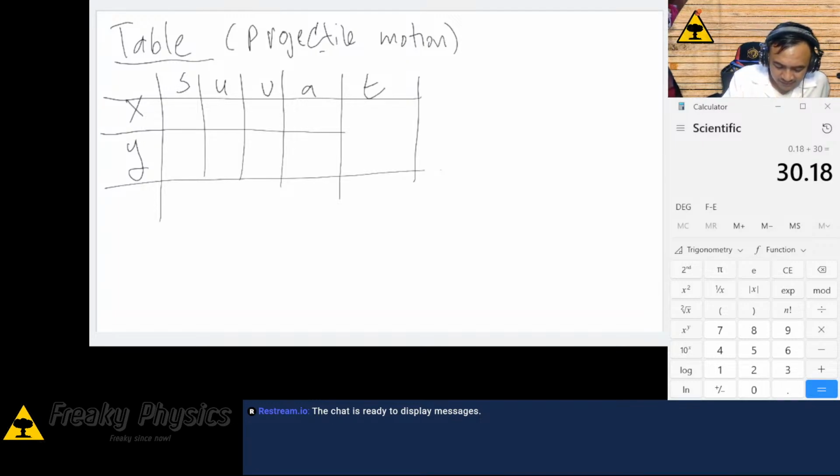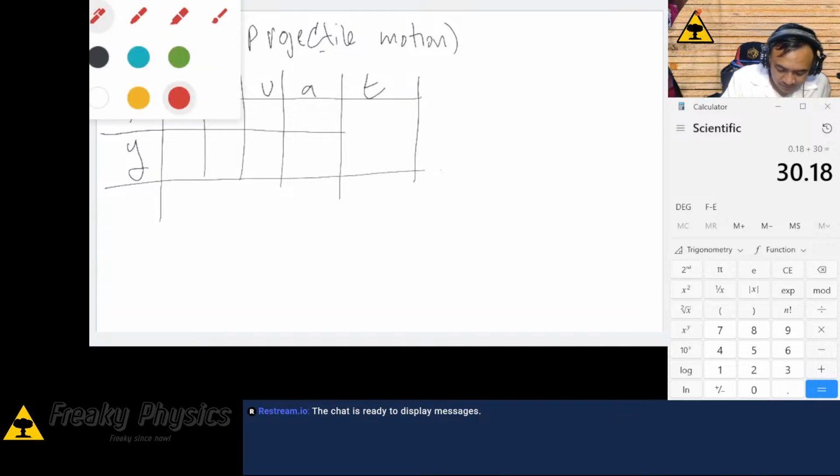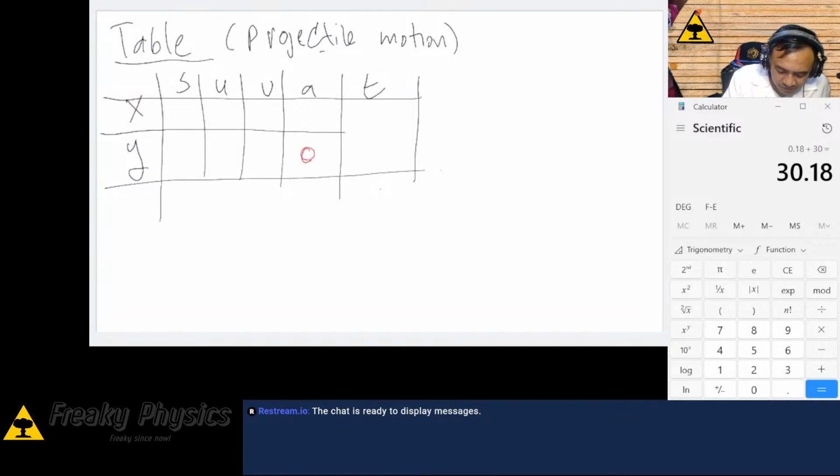Here's the thing, and this is automatic: the acceleration in y is always going to be equal to g. That's the only thing that you need to remember aside from the setup of the table. This has to be there. Everything else can assume any value.